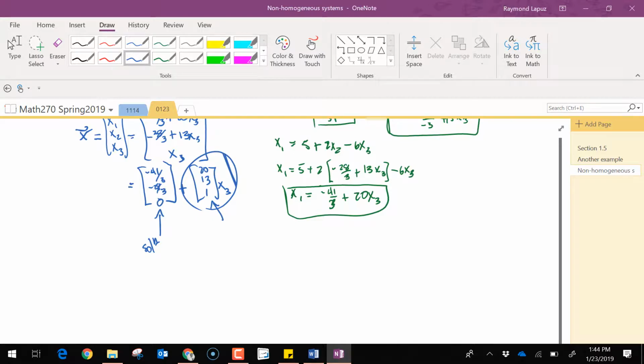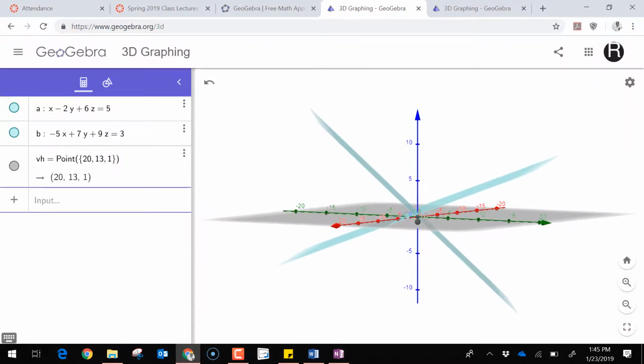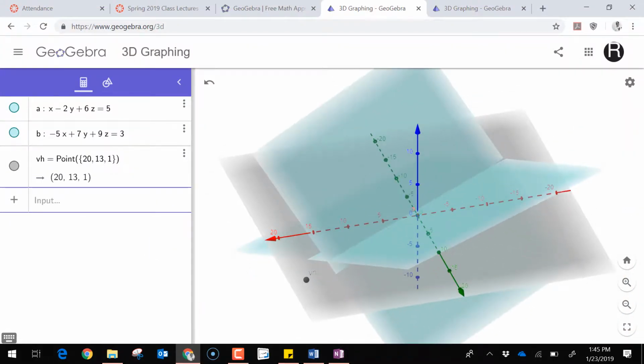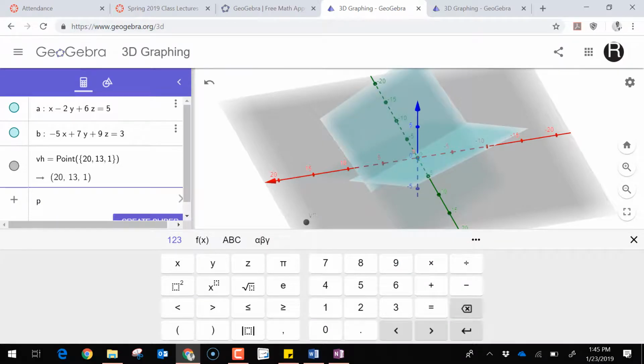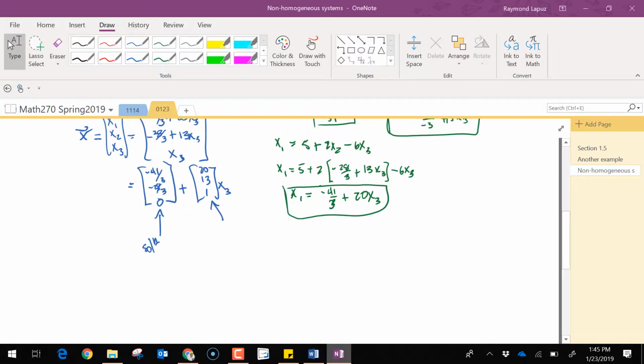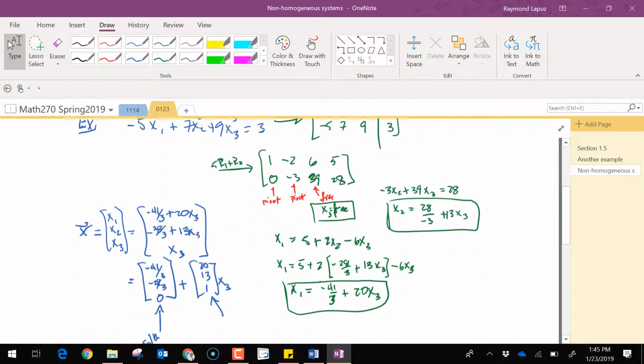Okay. Any other questions? So if we take a look at the solution that we have, if we let x3 equal to 0, remember I can let x3 be whatever I want. If I let x3 equal to 0, then all I have is that constant vector, which is one of the solutions. So if I were to find that point on this graph, it should be somewhere in the intersection. They call that point P in the theorem.